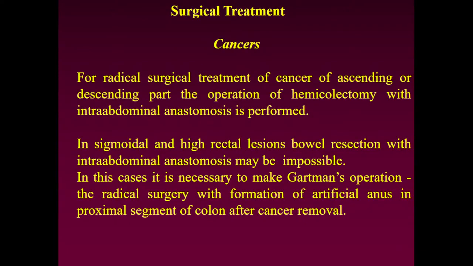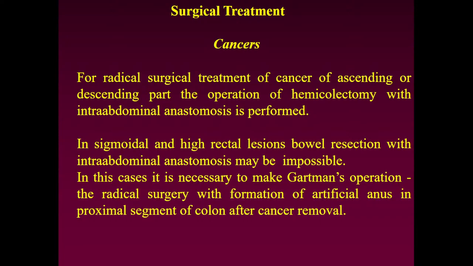For radical surgical treatment of cancer of the ascending or descending part, the operation of hemicolectomy with intra-abdominal anastomosis is performed with lymph dissection. In sigmoid and high rectal lesions, bowel resection with intra-abdominal anastomosis may be impossible.